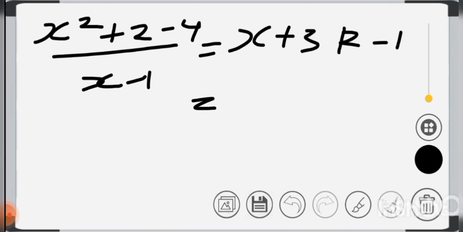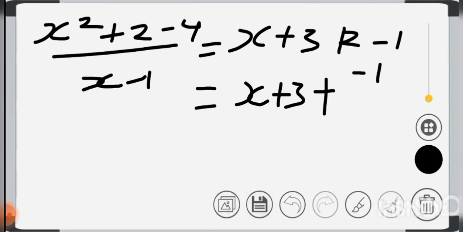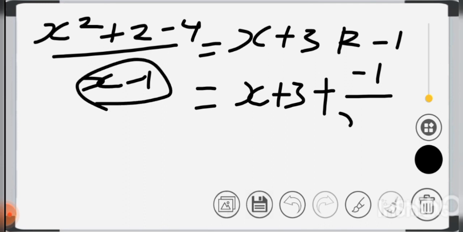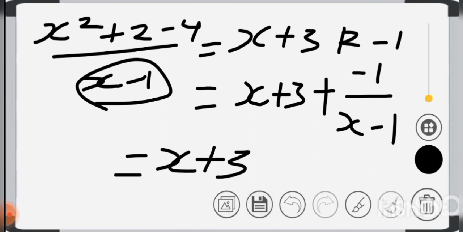You can also say the answer is x plus 3, then for the remainder minus 1, just say plus that minus 1, that is the remainder, over this same divisor, which is x minus 1. You can also write it this way. This is the normal way of writing it. That will be x plus 3 minus 1 over x minus 1.